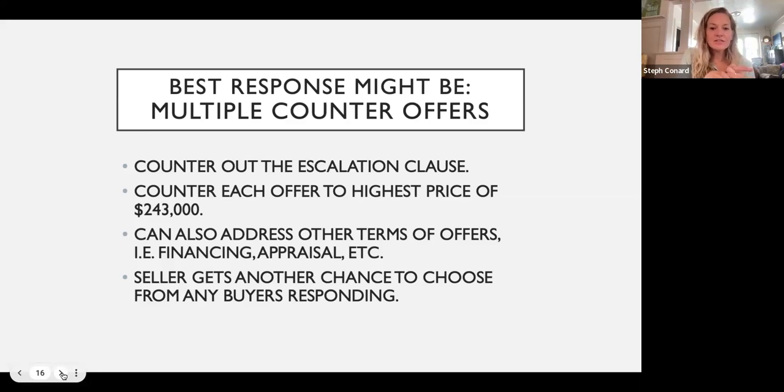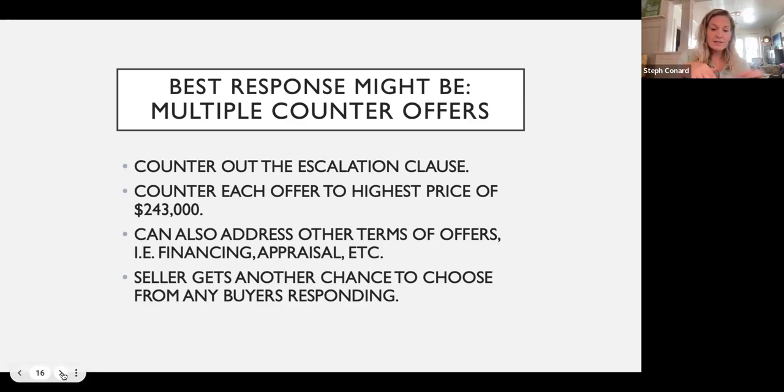It's nice for sellers because the seller gets another chance to choose from any buyer responding. In a quick nutshell, how that works is that a seller can respond to all of those offers that came in, not just the ones with escalation clauses, but all of them.